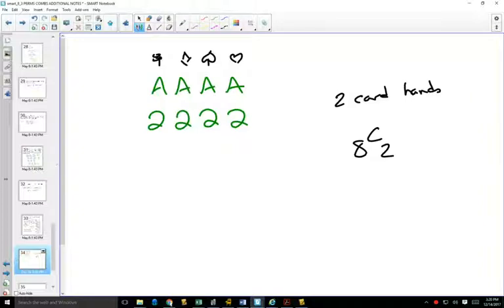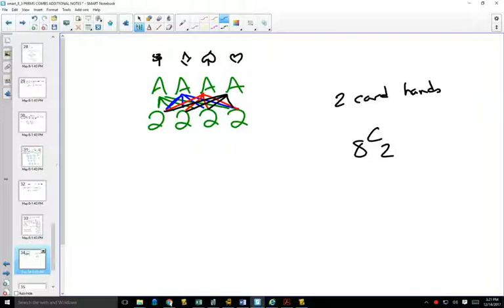That would include, right? We can see it be those 4, those 4, those 4, and those 4. How many does that make?